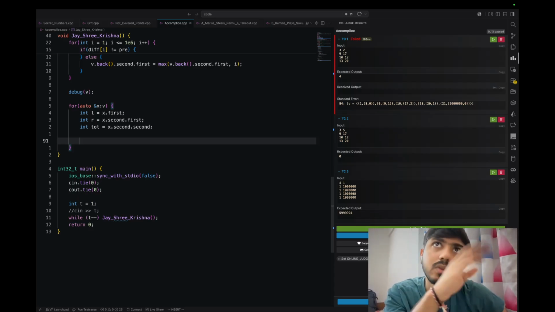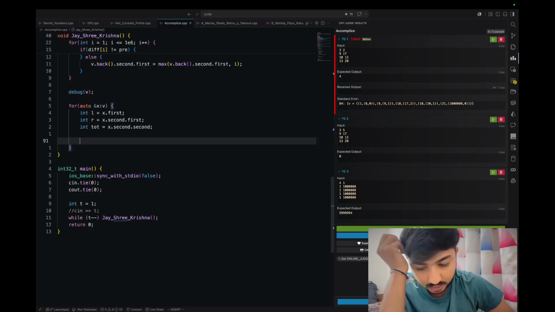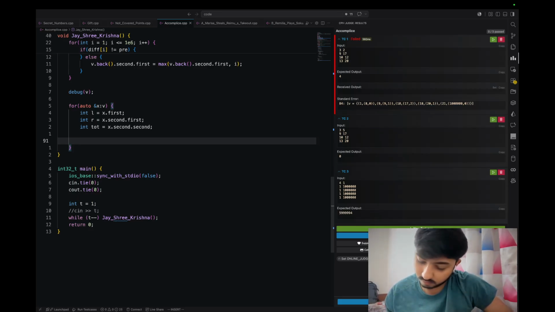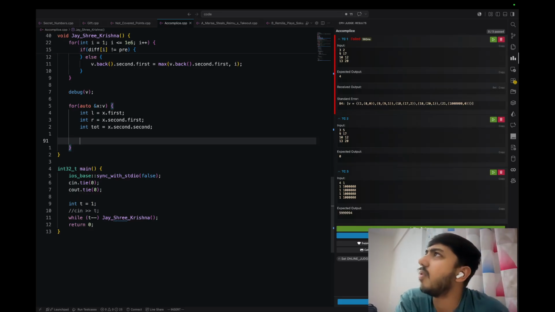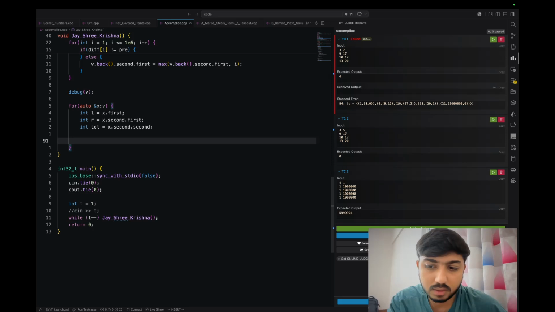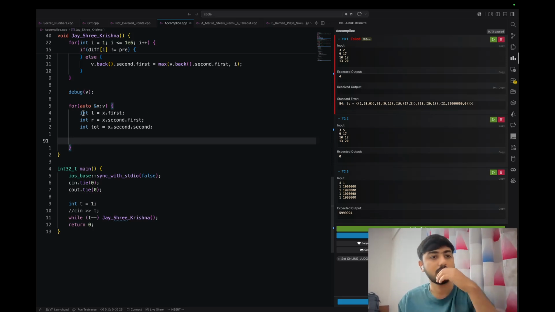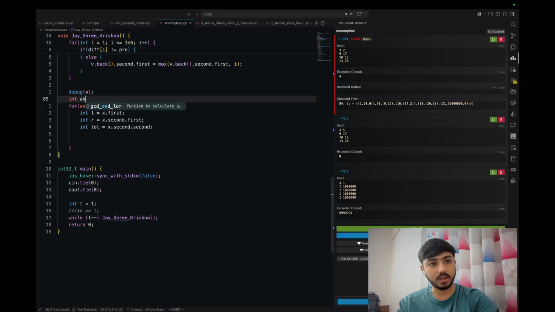Now we need to know the breakpoints from L to R. How many breakpoints does it have? So what's the good way? We are stuck here. Somehow we need to know the breakpoints. Answer is simple.